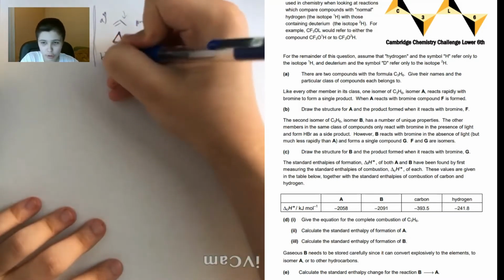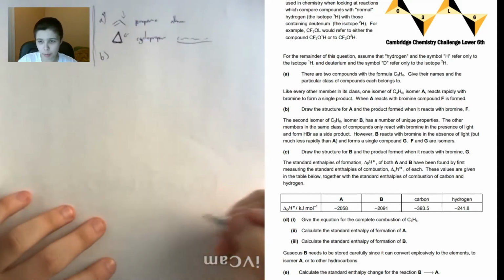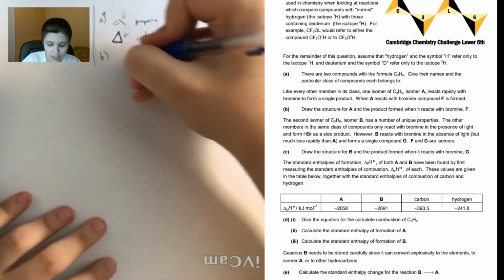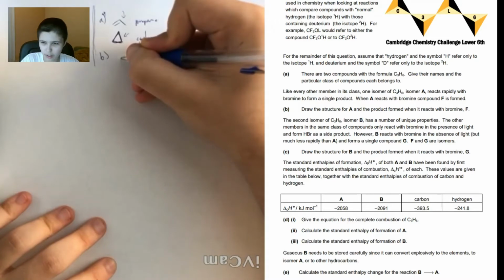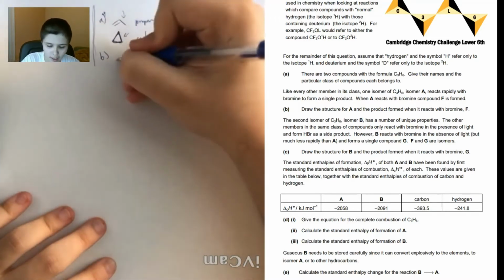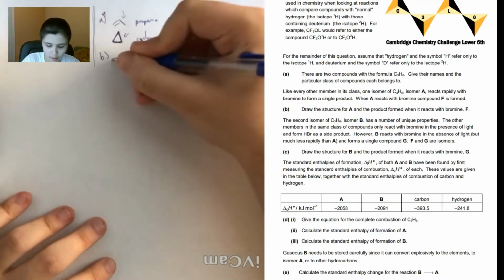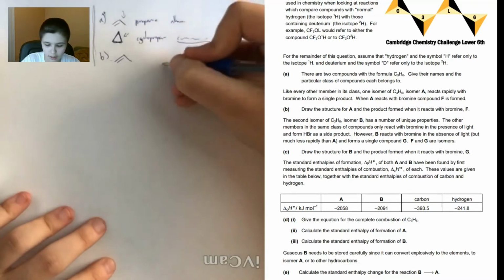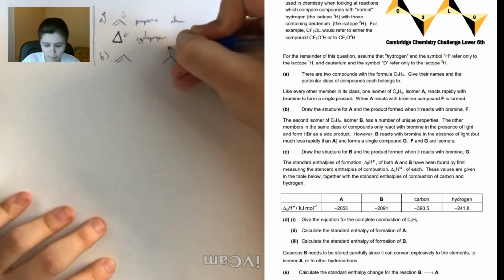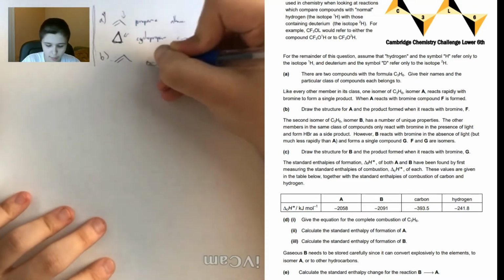For B, draw the structure of A and the product formed when it reacts with bromine. So A is this, and then when it reacts with bromine, there's going to be a bromine on each side, so that's going to be Br and Br.